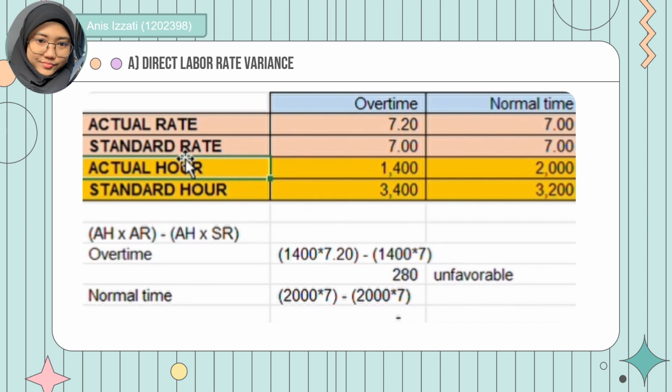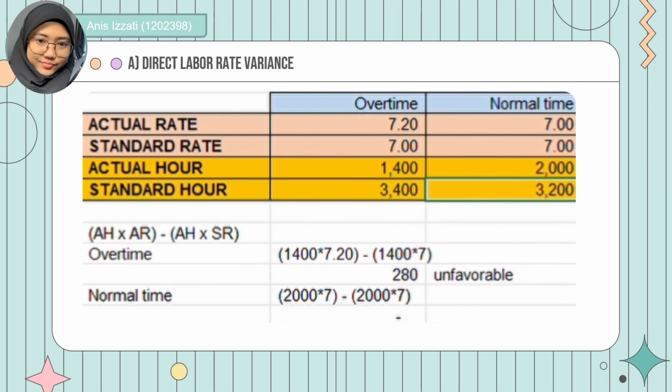The standard rate is 7 ringgit for overtime, and normal time is the same as the actual rate, 7 ringgit. The actual hours for overtime is around 1,400, and normal time has 2,000 actual hours that have been used. For standard hours, the overtime should be 3,400, and the normal time is 3,200.